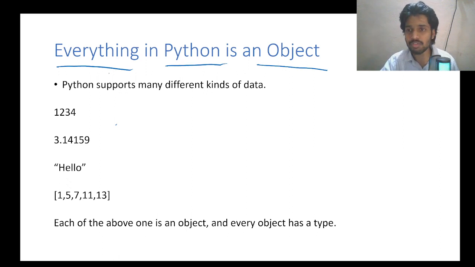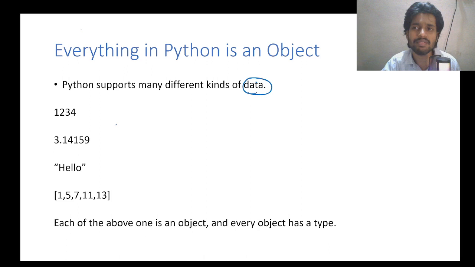Before getting into the meaning of an object, we'll understand something called data. In this world, we have different types of data: integer data, characters, strings.